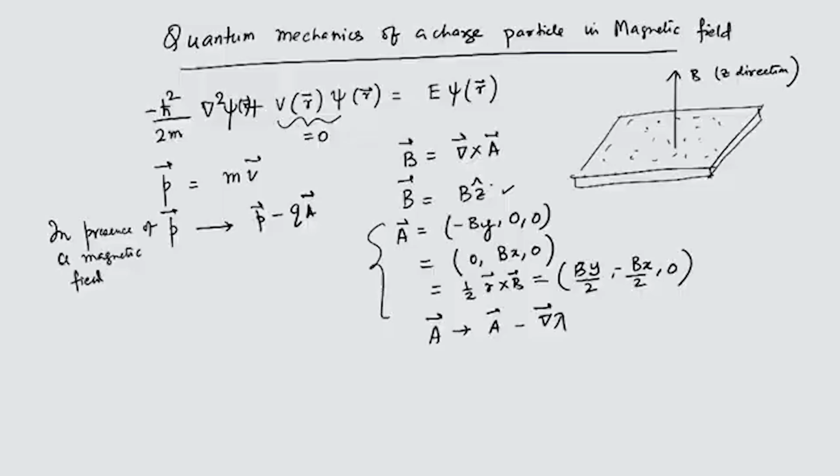So let's fix the gauge such that Ax, that is the x component of A, is minus By. So A is the first choice that we have talked about, but it really doesn't matter, and this is called the Landau gauge.